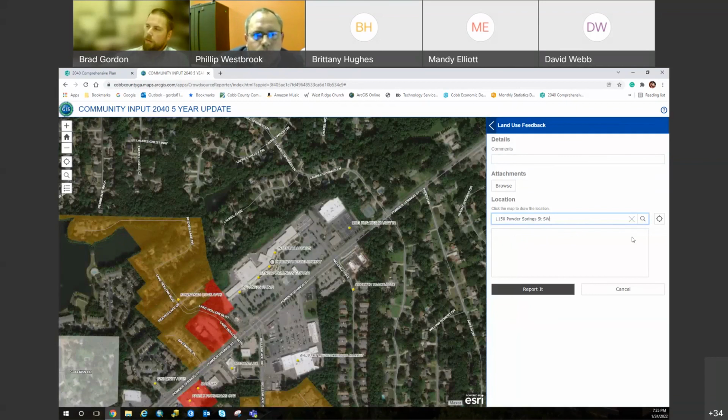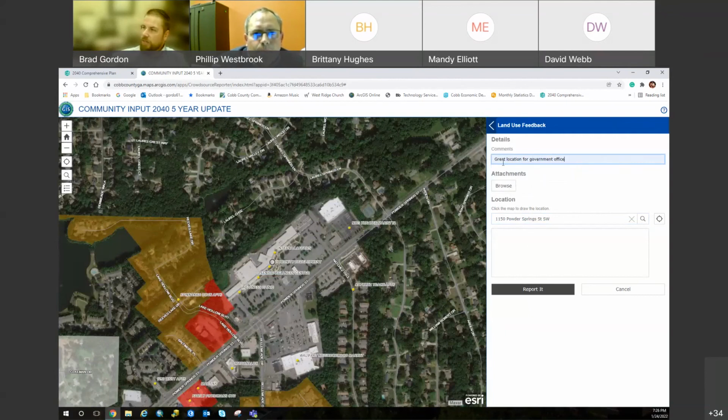You can hit the magnifying glass, or you can also just hit enter, and it jumps to it. Then if you want to add comments about why you like this location, what your feedback would be for this location, you put that there. I've already tested this, so I have it auto-filled.